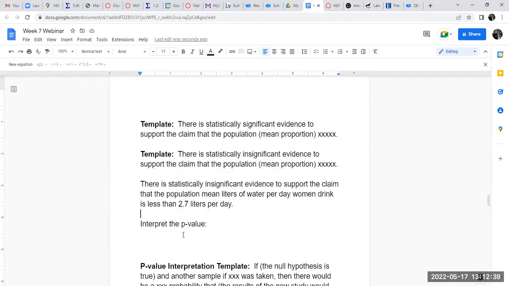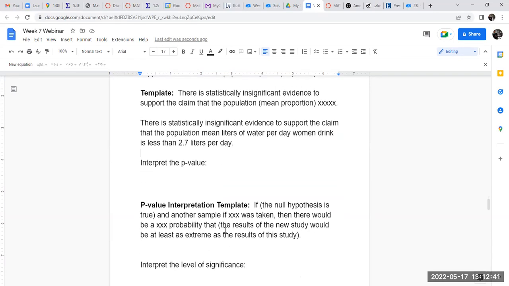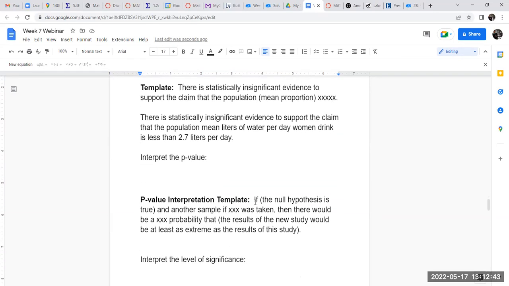Okay, let's interpret the p-value. So here's a template. It is: if the null hypothesis is true, but you need to change that to talk about the null hypothesis, and another sample, I should say, of whatever your sample size was, is taken, then there would be whatever probability your p-value was, probability that the results of the new study would be at least as extreme as results of this study.